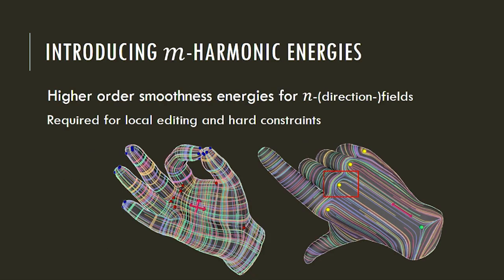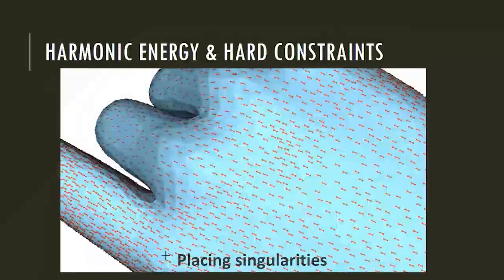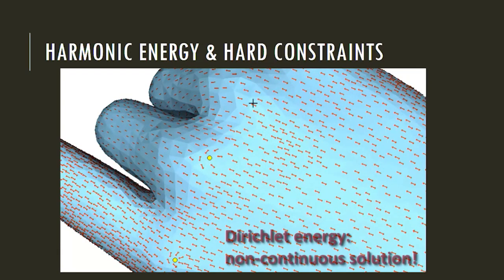One mathematical aspect of these tools are m-harmonic or higher order energies, and these energies are actually required for using the types of constraints that we are proposing. As an example, we see here that the user edits a 2-field, and here we use the normal harmonic energy.